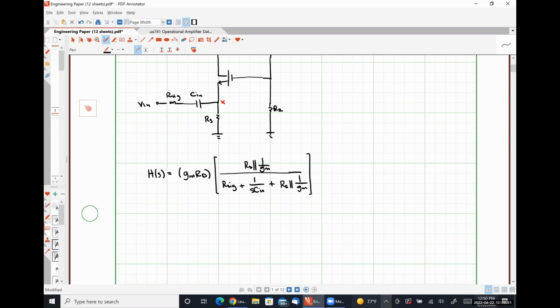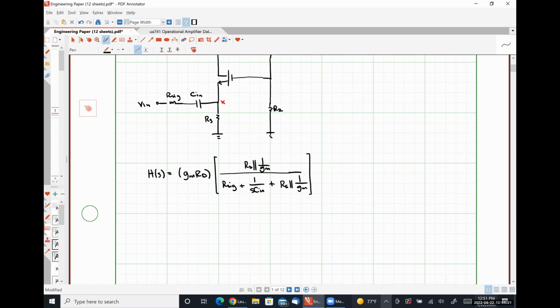So to clear my fraction and more easily identify my pole, as it turns out, I'm going to just multiply by a factor of sCin over sCin. What's the subscript on the R? S. RS in parallel with 1 over gm. Because that's what we see at node X looking down in parallel with what we have looking up.